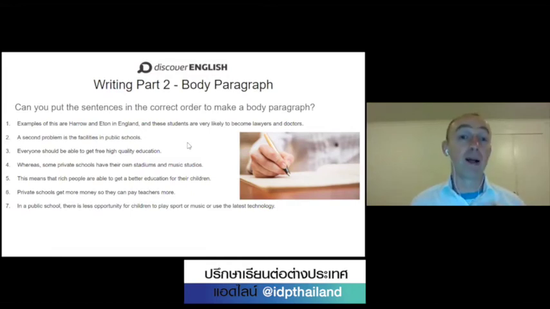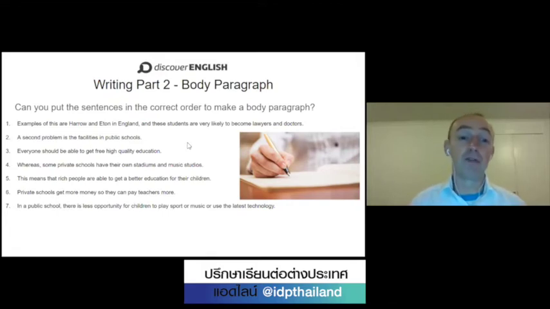Now we move to our second idea for the same paragraph, number 2. A second problem is the facilities in public schools. We know that's our second idea because it starts with the words, a second problem. Explanation of this idea, we go to 7. Number 7 is the explanation of the second idea.